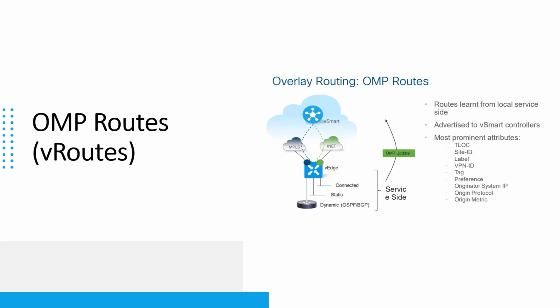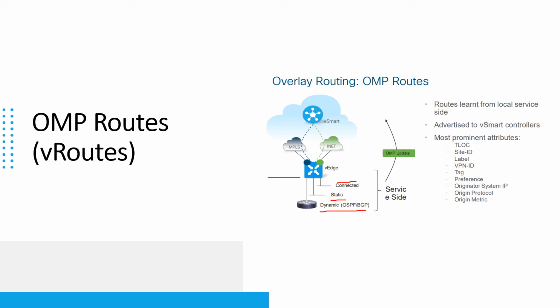After having the TLOC table populated, basically the TLOC routes, we need to learn the routes. Those are part of the service VPN. So service VPN is going to be your LAN side. Those routes can be connected, can be static, or they might be coming from a dynamic routing protocol like OSPF, BGP, or EIGRP.